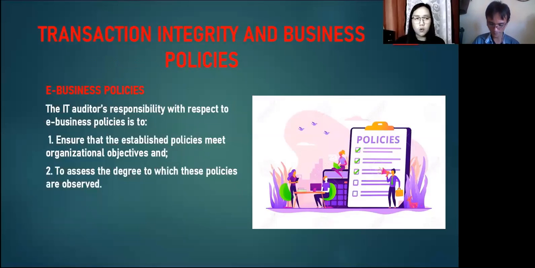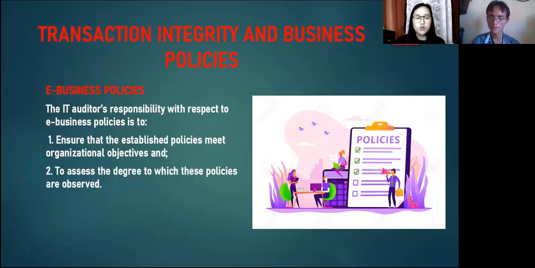The IT auditor's responsibility with respect to e-business policies is to ensure that the established policies meet organizational objectives and to assess the degree to which these policies are observed.